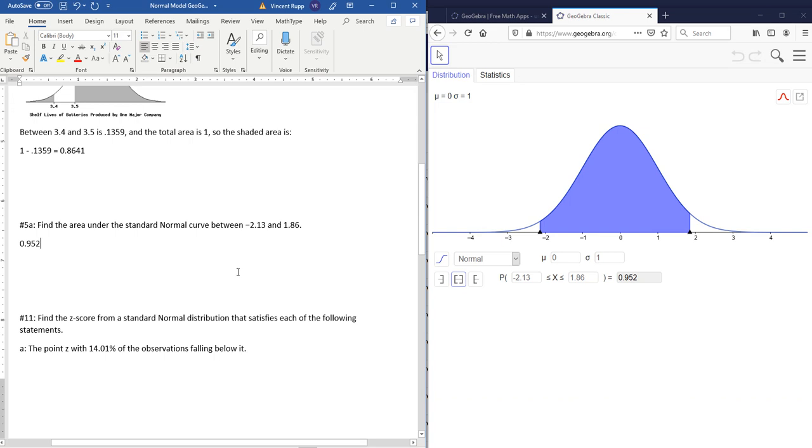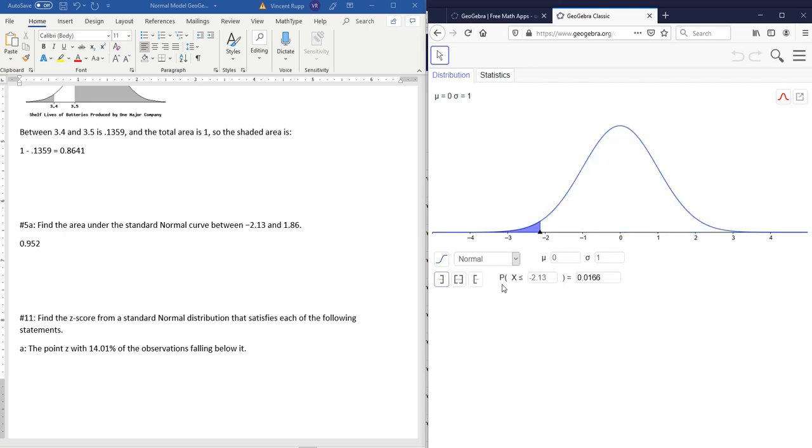So you might notice in GeoGebra, all your x values go in this probability of x less than whatever in the parentheses. And over here you get your area or your probability or your percent. It's called different things depending on the problem.